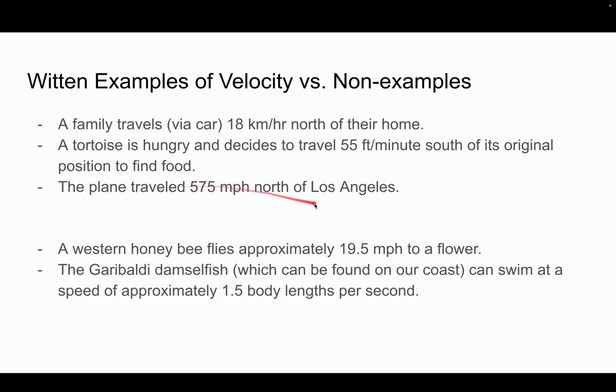So these are examples of velocity because they display the speed, kilometers an hour, and then they also display the direction. Sorry, they display the speed and the direction. So the direction would be north in this case, and the speed here would be 55 feet per minute, and then direction is south. So all of these here describe velocity.